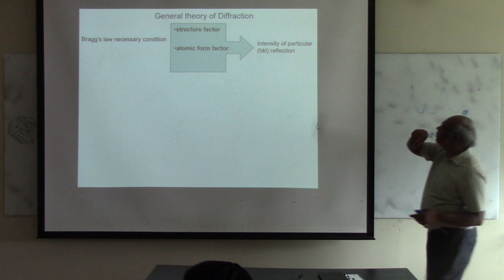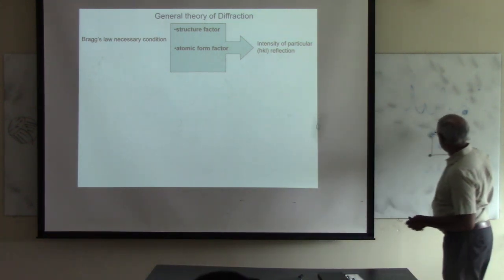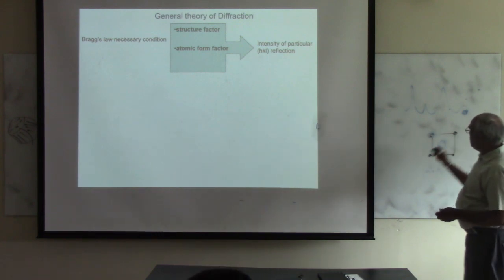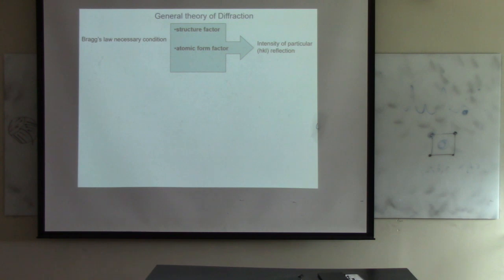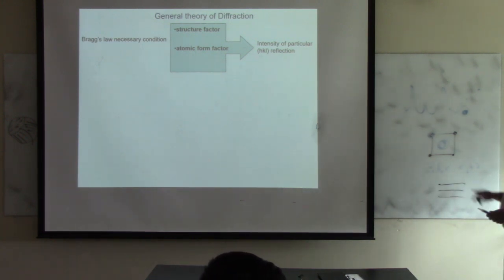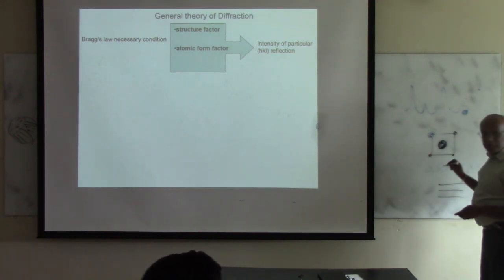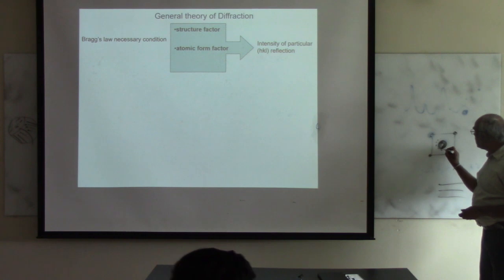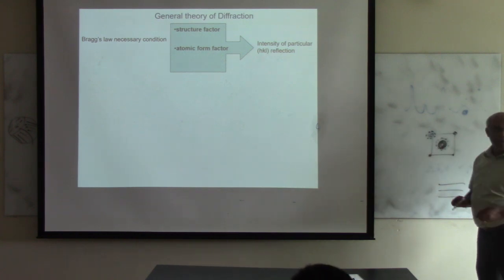Typically we are looking at these reflections coming from these different planes, right? Because this is your lattice, but mostly we are talking about what is happening from the crystal planes. If you take this atom here in the basis, this atom has electrons, right? Suppose this one also has electrons.